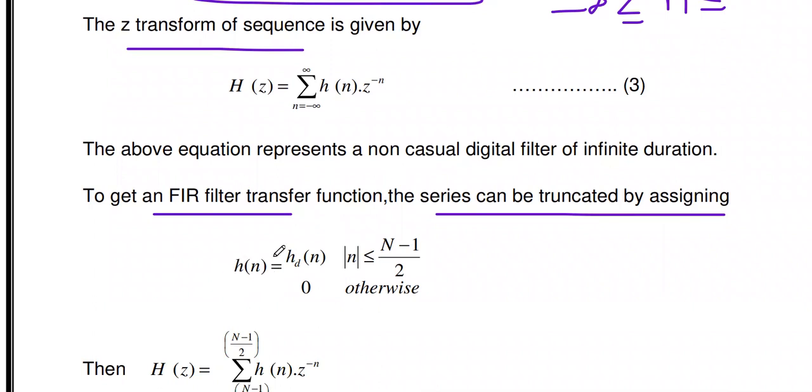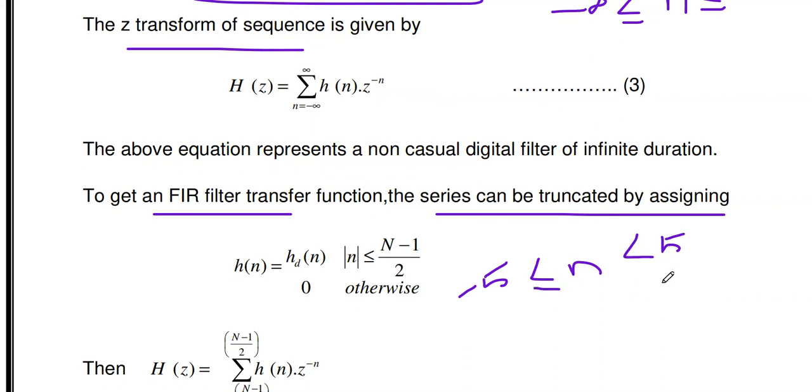So here you see the h of n. Our impulse response of the FIR filter h of n is equal to hd of n for modulus of n less than or equal to N minus 1 by 2. That is, if capital N is 11, for small n between minus 5 to 5 we keep the samples and discard the remaining.